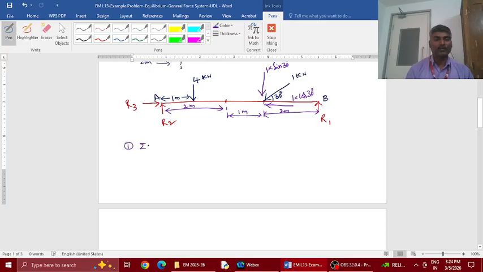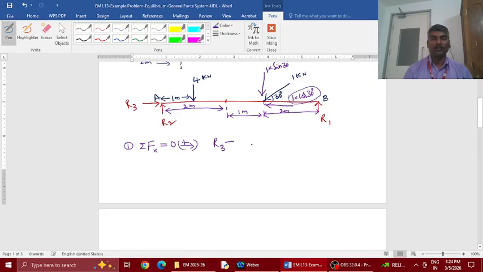So let us say the sum of x forces is 0. Taking the rightward force as positive, R3 is plus, minus the component here.